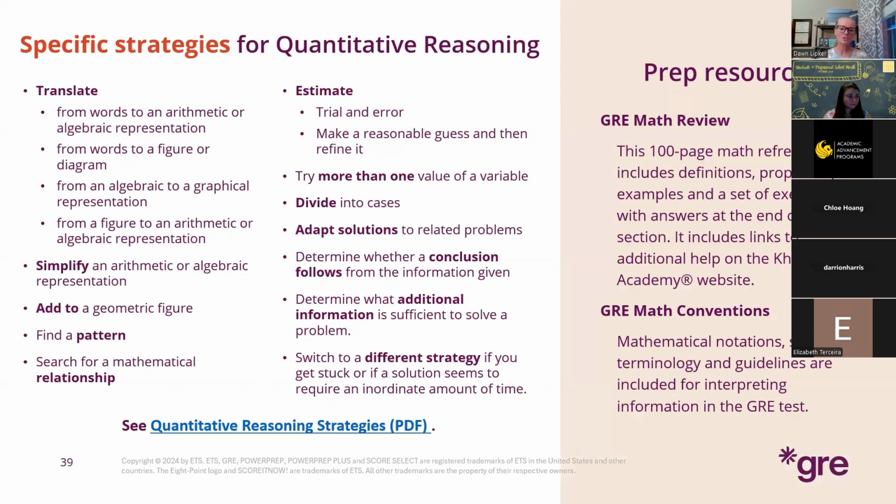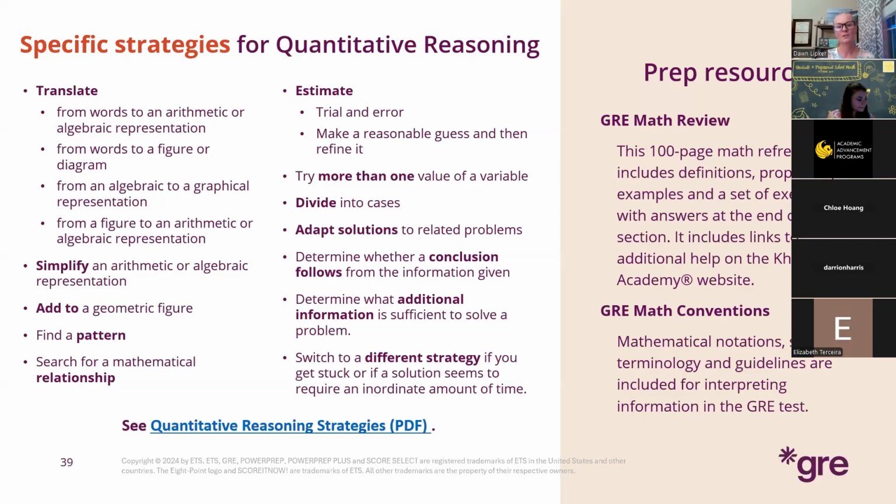So when it comes to strategies, there are a lot of different strategies to help you be successful with this section. What I find the most helpful is the hyperlink here at the bottom. It's going to give you definitions for some of the mathematical terms that maybe you haven't used in a while.